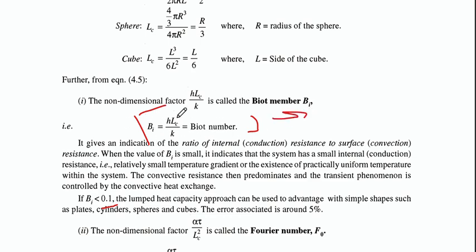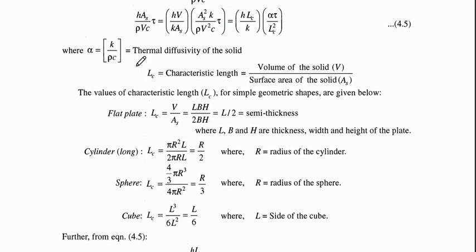In the given condition we will have k and h, but you have to find Lc, the characteristic length. This has to be found before solving the problem. Only then can I find out whether the value is less than 0.1 or not, and only then can I use the general equation according to Newton's law, the equation I just explained earlier.